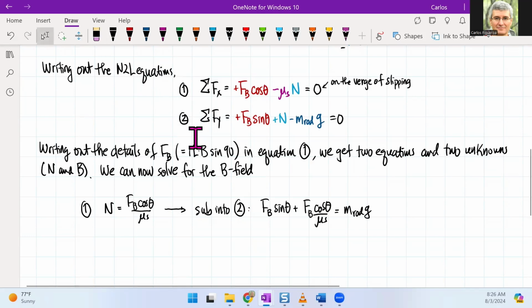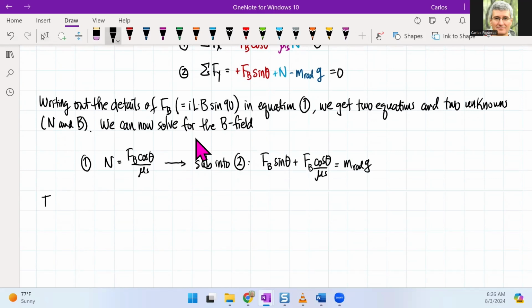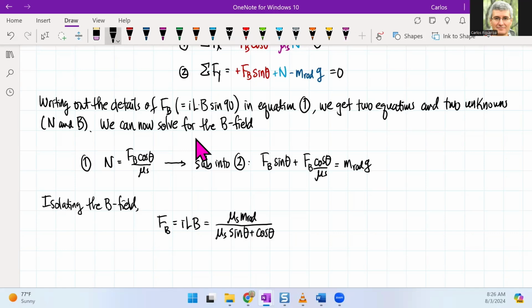So if I do just the algebra here and isolate the magnetic field, I'm then going to get that F_B is IL times B, and this will be mu_s sine of theta plus cosine of theta divided into mu_s, the mass of the rod, times g.